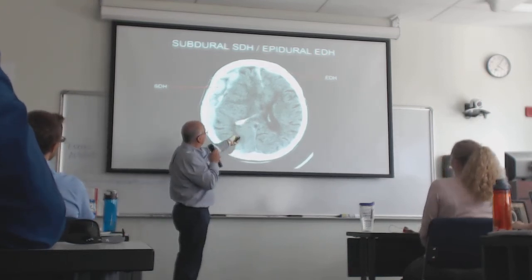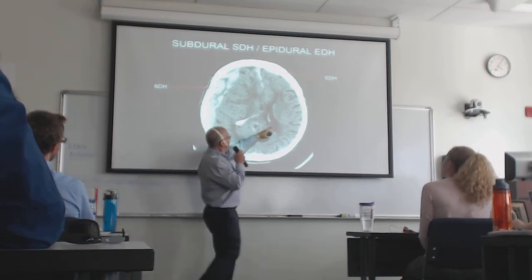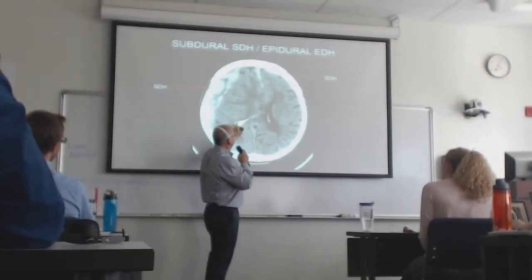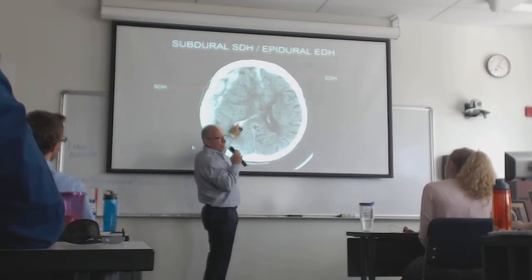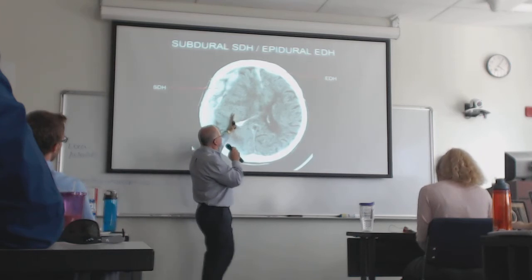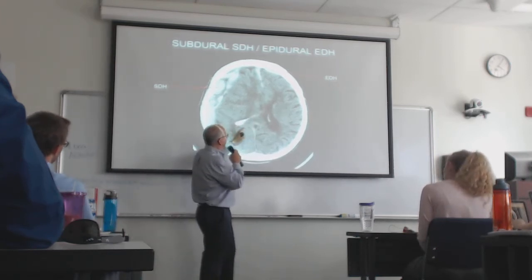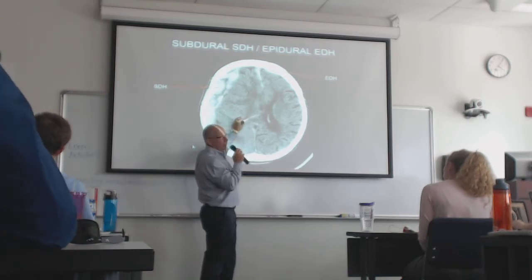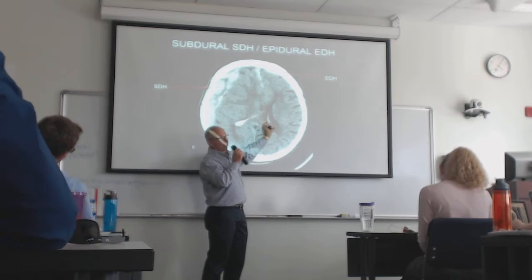Notice that I see the left lateral ventricle here, but I don't see the right very well. Actually, this is the right lateral ventricle with calcified choroid plexus in it, but it's also being pushed. It's being effaced. And not only is it being pushed, but it's being narrowed, and the opposite ventricle is enlarged.